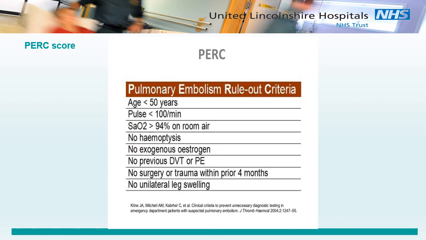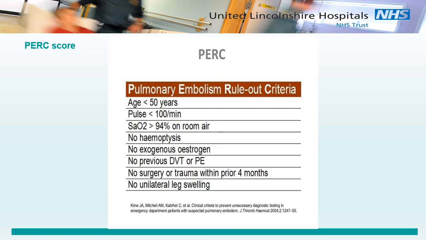So if the patient is less than 50 years old, the pulse is less than 100, SATs is more than 94 on air, no hemoptysis, no exogenous estrogen, no previous DVT or PE, no surgery or trauma within the last 4 months, and no unilateral leg swelling, we can clinically rule out the PE.